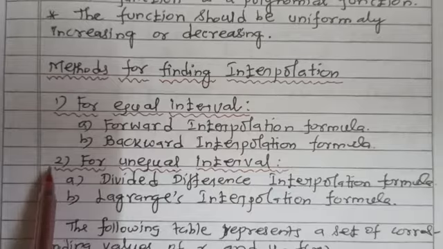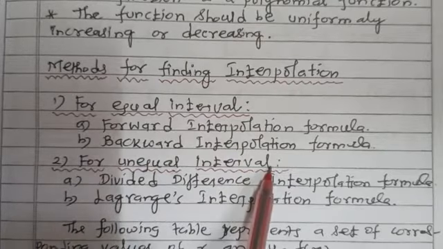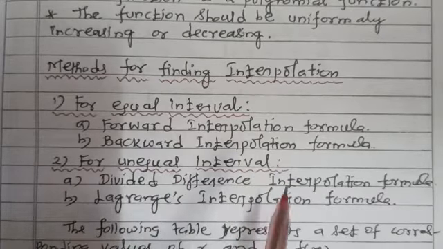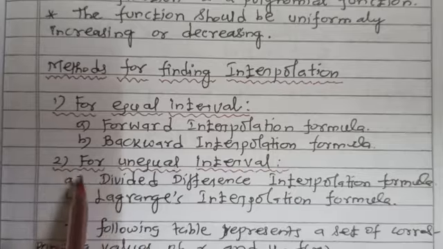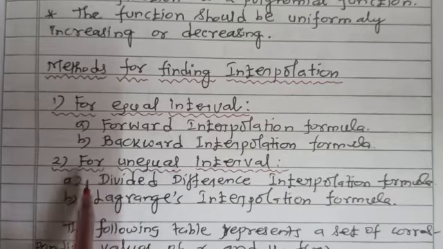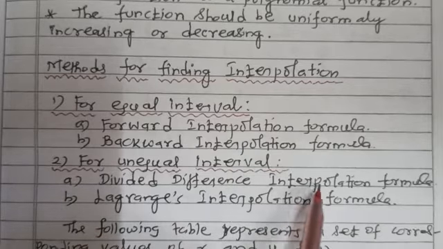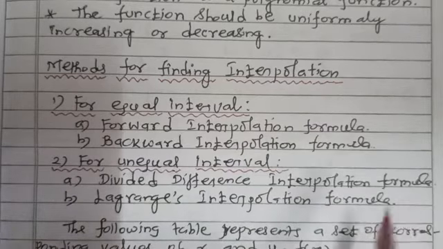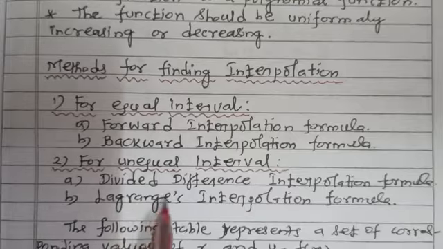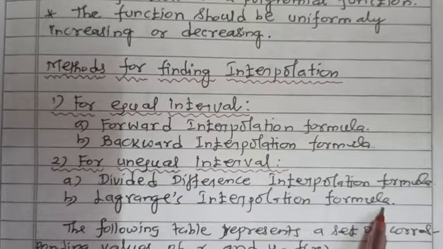And the second method is for unequal interval. In unequal interval, there are two types. First one is the divided difference interpolation formula, and second one is the Lagrange interpolation formula.